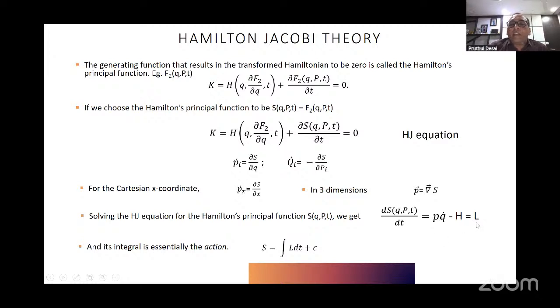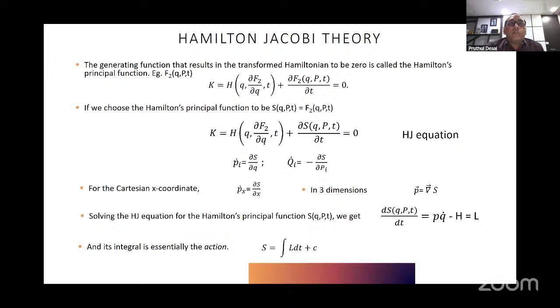So if I integrate this equation dS by dt, what I find is that S turns out to be the integral of L dt plus some constant. So the action is nothing but an integral of the Lagrangian, which is nothing but the difference between kinetic energy and potential energy of the system.